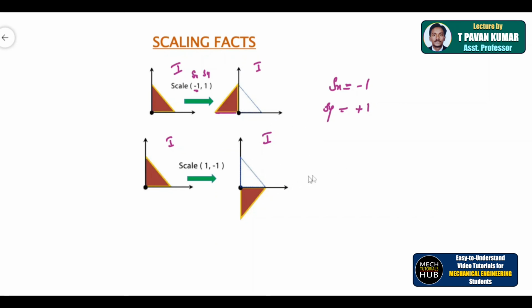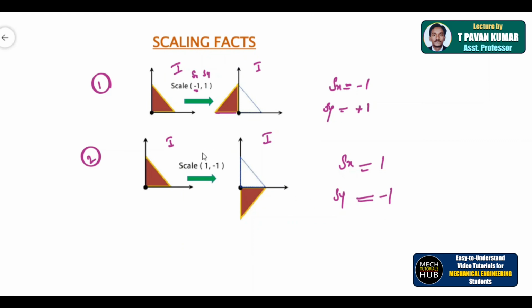Similarly, coming to the second question, consider this as the first concept or first question, and this the second. Now here the Sx value, Sy value got changed. Sx is equal to a positive value, Sy is equal to a negative value.